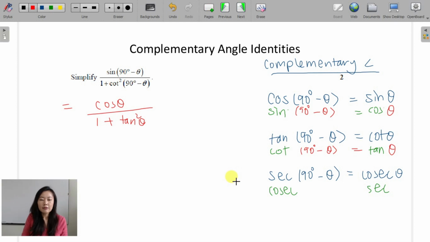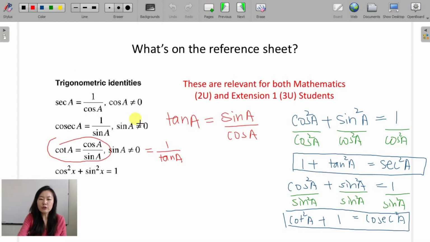And then from here, the first tip I'm going to give you is this. I'll also do a summary at the end just to make sure I hammer the point across. If you see a squared ratio, go look at the Pythagorean identities. So these ones, 1, 2, 3.